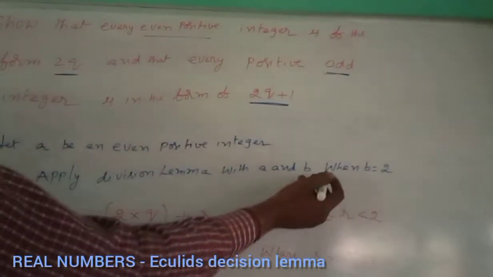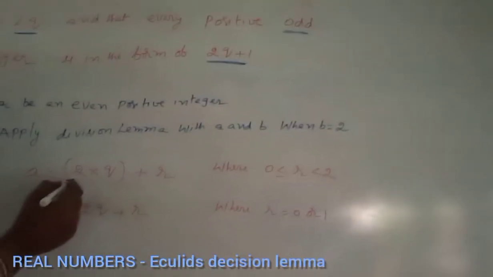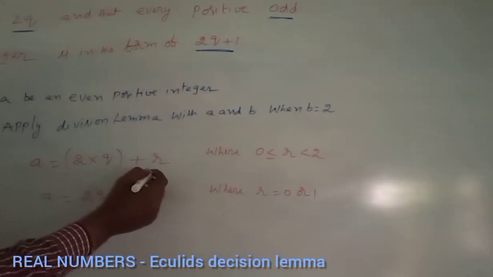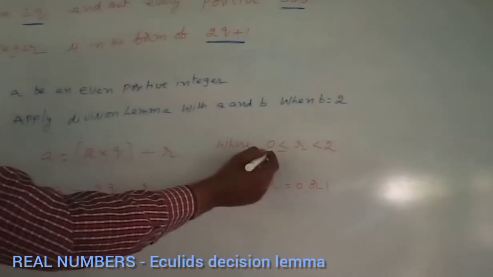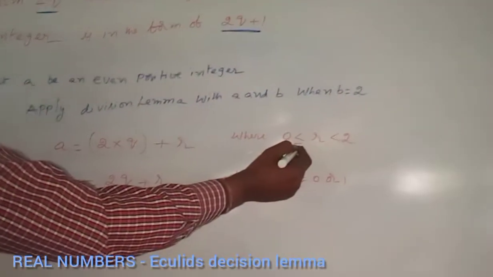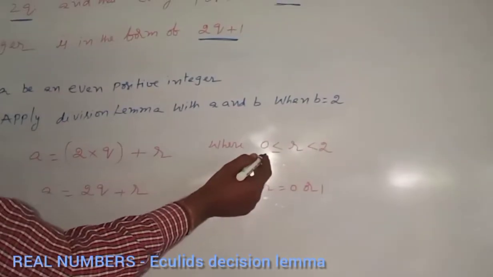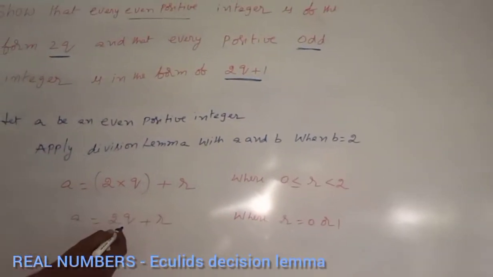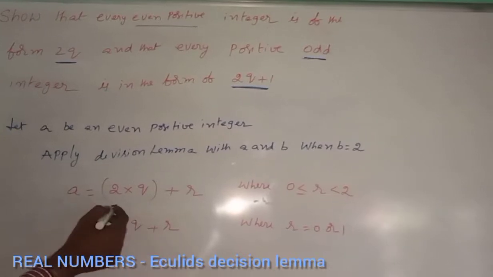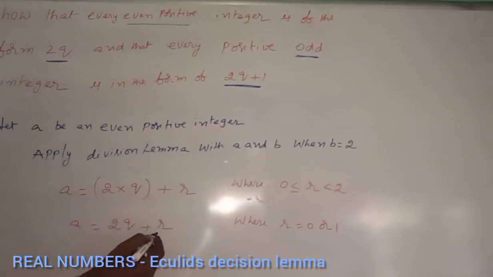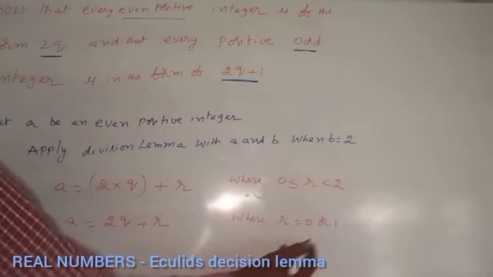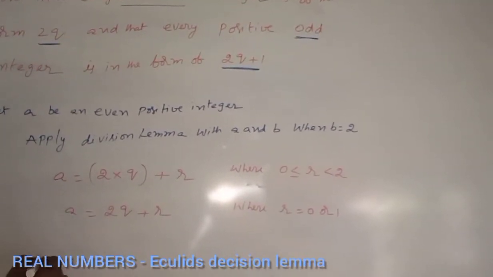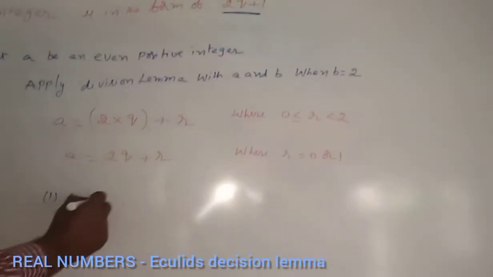So A is equal to 2 into q plus R, where 0 is less than or equal to R less than 2. Where R is equal to 0 or 1.